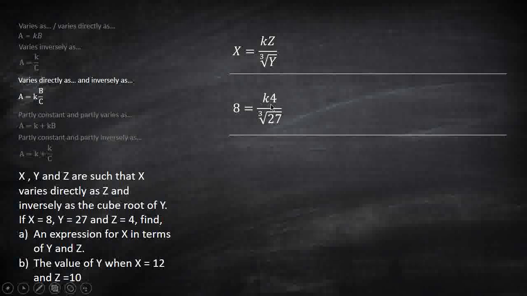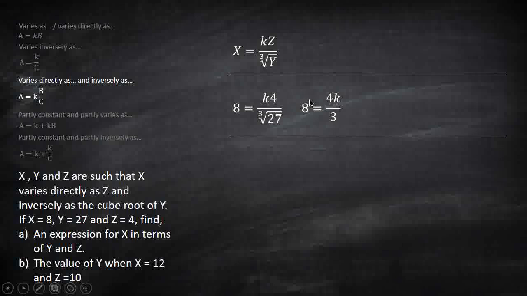So k times 4, 4k. The cube root of 27: when you cube root, the number multiplied 3 times gives 27. 3 times 3 is 9, 9 times 3 is 27. That means 3 times 3 times 3 equals 27. The cube root of 27 is 3. 4 times k gives 4k.